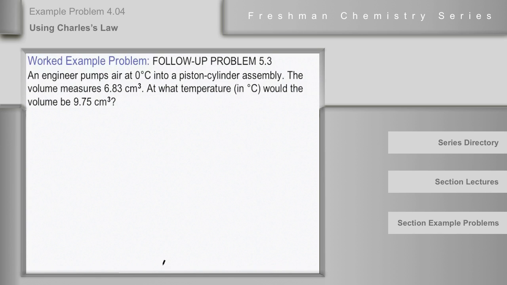In this problem, we're dealing with air that's placed in a piston cylinder apparatus.